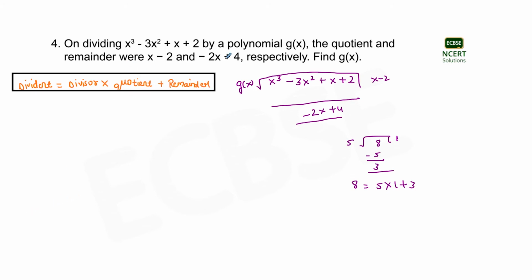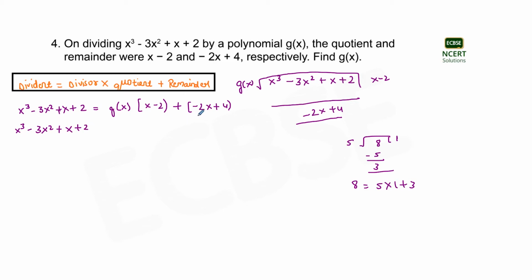So, now putting the data provided in this question, the dividend, the polynomial x^3 - 3x^2 + x + 2, is equal to the divisor, which is the polynomial g(x), into the quotient, which is x - 2, plus the remainder, which is -2x + 4. Now taking the remainder from the right hand side to the left hand side, the left hand side will be x^3 - 3x^2 + x + 2.